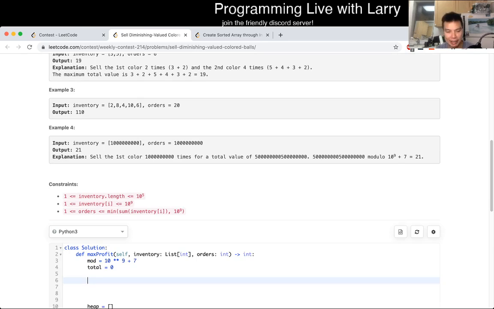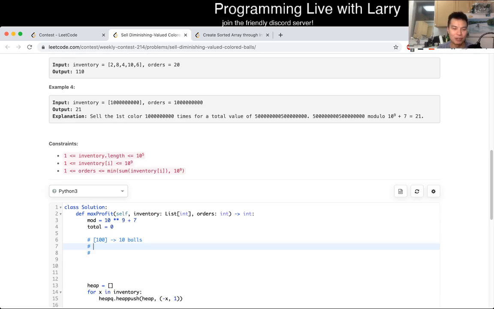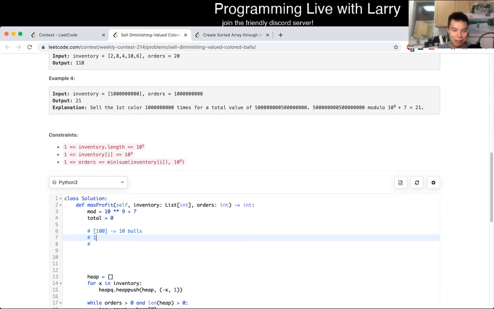For a bucket, let's say you have a bucket of 100, and you want to buy 10 balls from it. The first thing you notice is that the first ball is going to give you $100. The second is going to be 99, plus 98, plus 97, and so on.